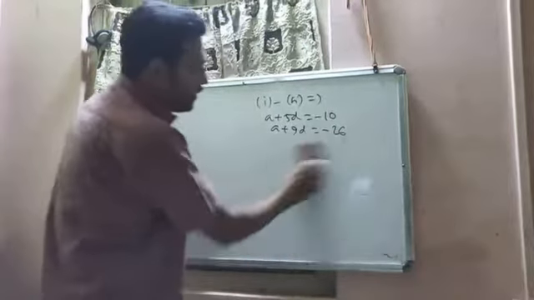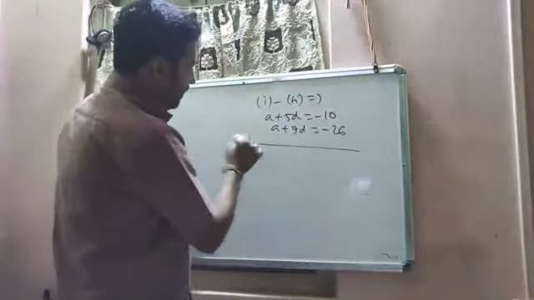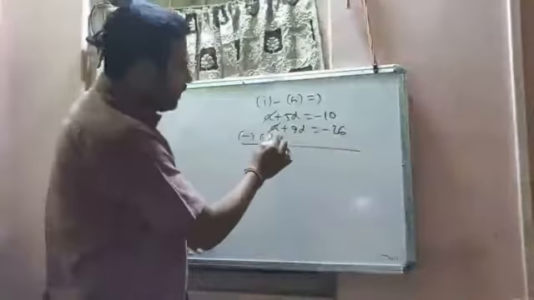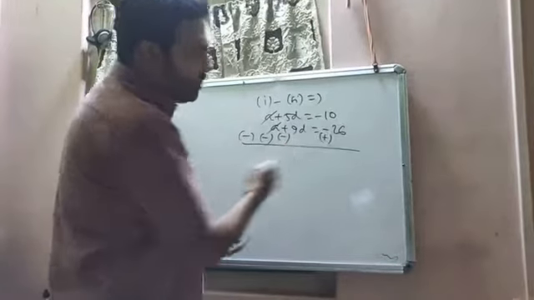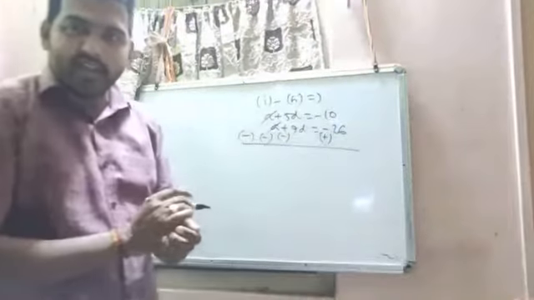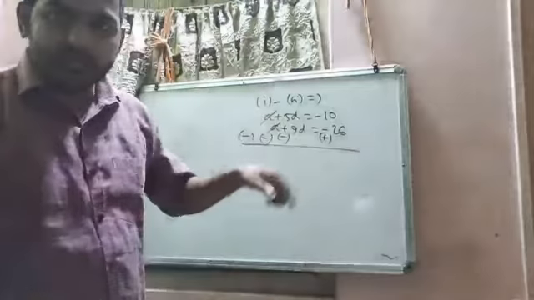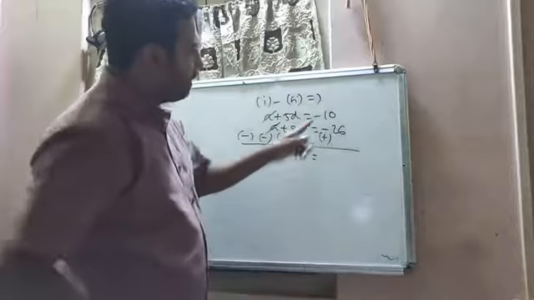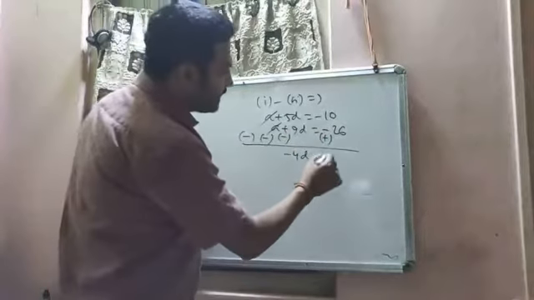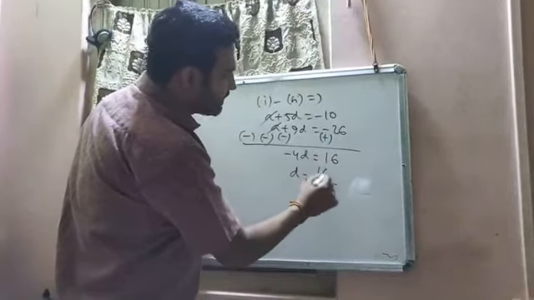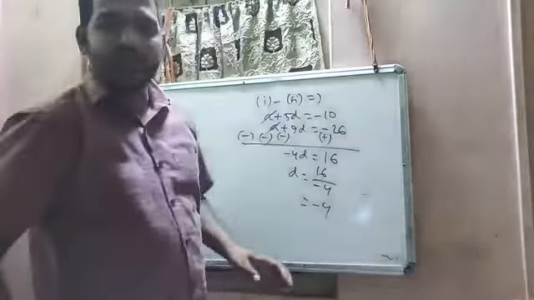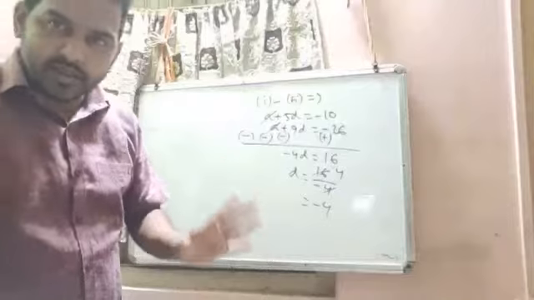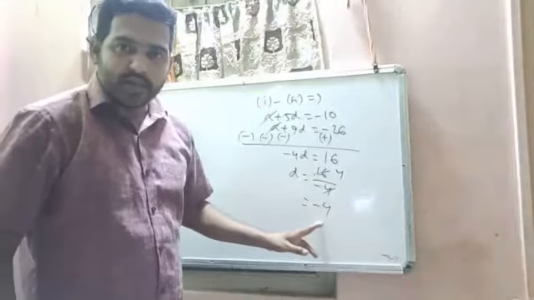After subtraction, A will be cancelled, plus will turn into negative, minus will turn into positive, because we are multiplying the second equation by a negative sign. So 5D minus 9D is minus 4D, minus 10 plus 26 is 16. So D is 16 by minus 4, which is minus 4. That means we have calculated the common difference. Clear?